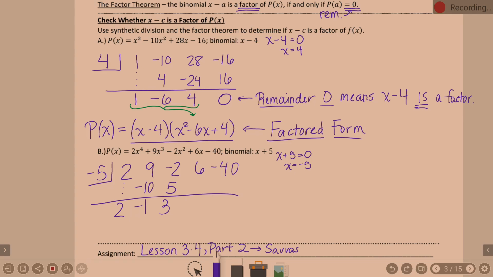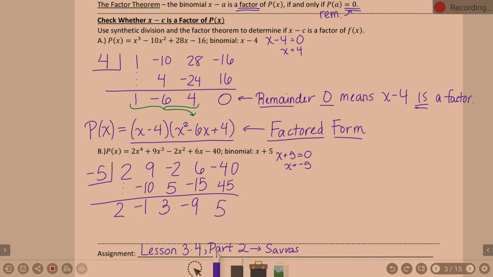Multiply negative 5 times 3, negative 15. 6 plus negative 15, negative 9. Multiply. Negative 5 times negative 9, 45. Add. Negative 4 plus 45, 41. What do I know about the remainder?